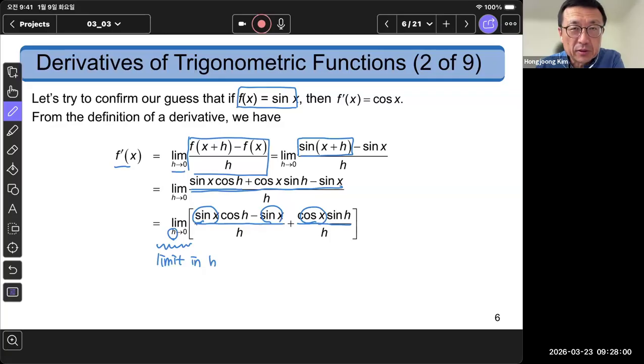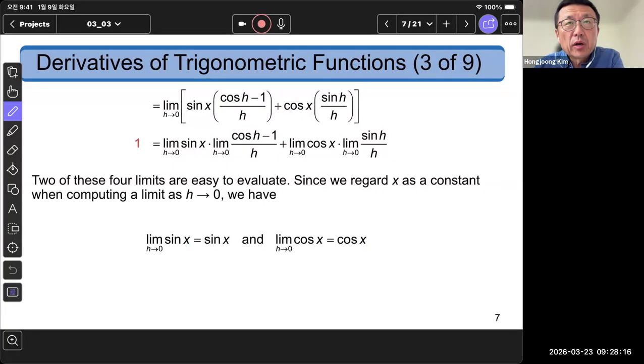X is fixed, while the value of h decreases to 0. So please remember this. Sine x is a constant in terms of h.